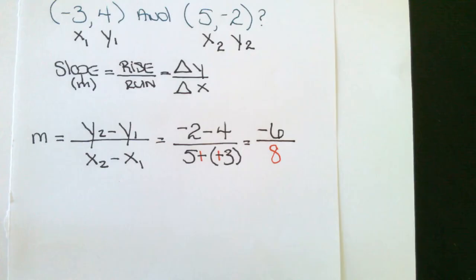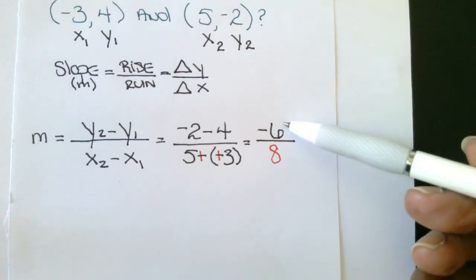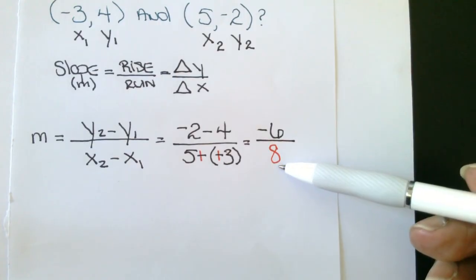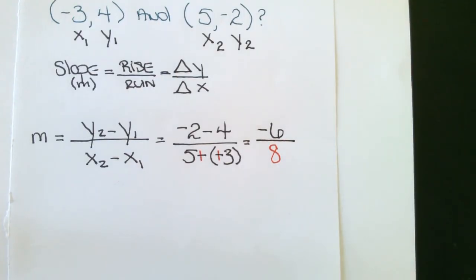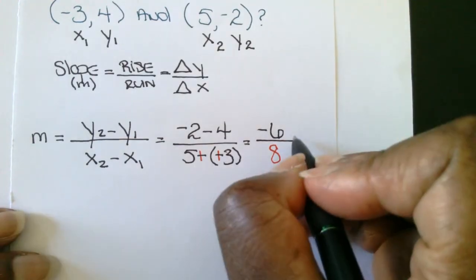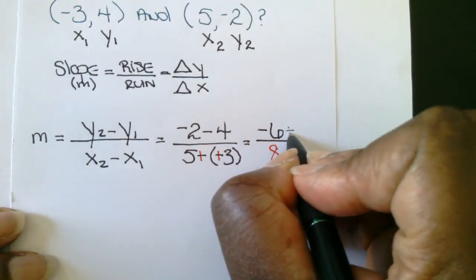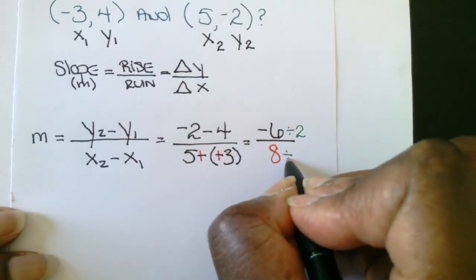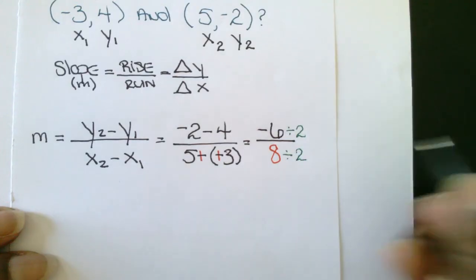So now, with the ratio, we have negative 6 over 8. 6 and 8 are both even numbers, but they're not at lowest terms. So what do they have in common? Since they're both even, they're both divisible by 2. They're not both divisible by 4.